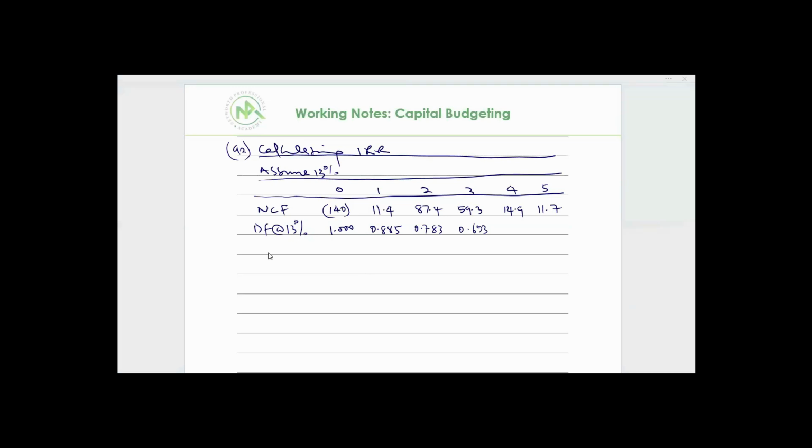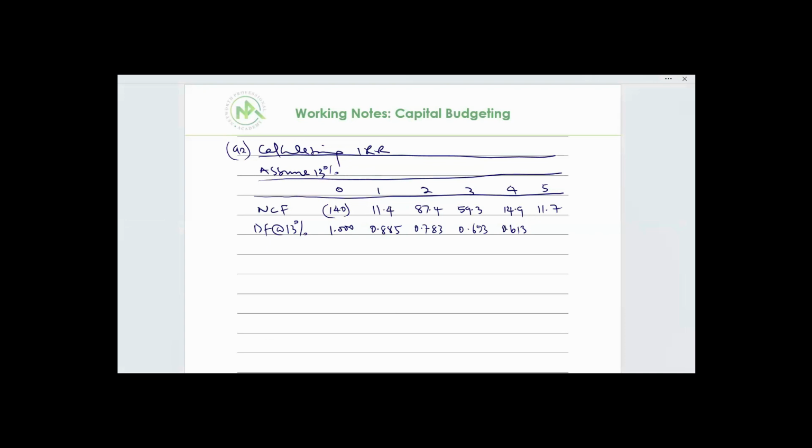Okay. So I will then go to year 4, which will be 1.13 raised to power minus 4, equal to 0.613.